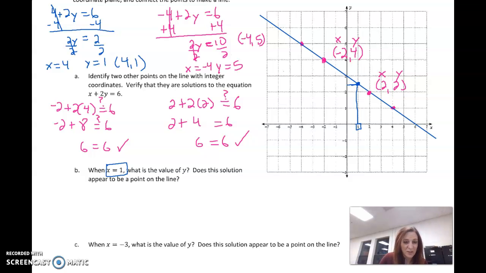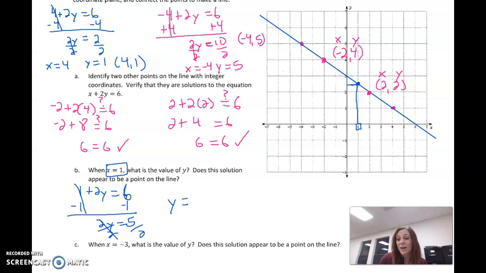X is 1: 1 plus 2 times y equals 6. Subtract 1 from each side. We have 2y equals 6 minus 1, which is 5. Divide both sides by 2. Y equals 5 divided by 2, which is 2.5, which we thought it might be. So when our x value is 1, our y value is 2.5.